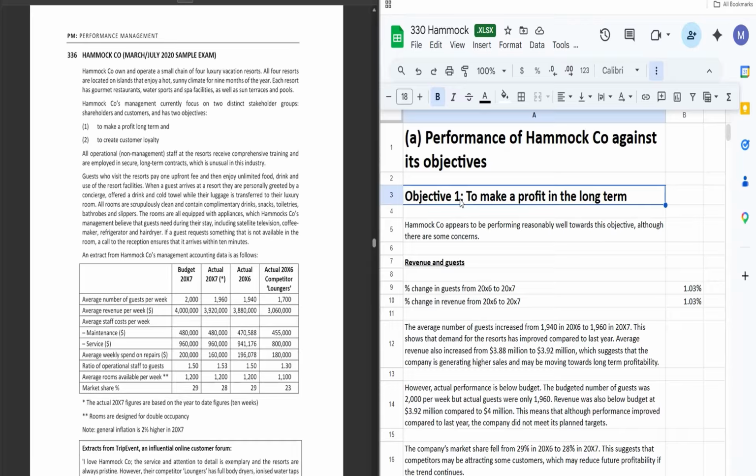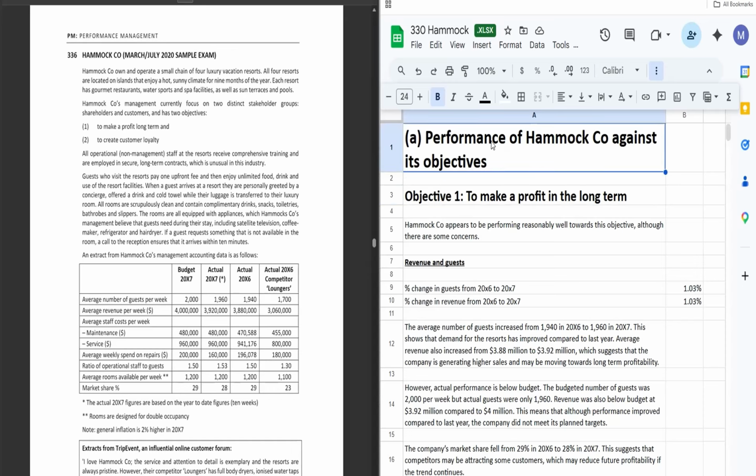So now the first objective. See guys, it is very important to clearly mark which part of the requirement you are solving. If you mess up everything, it will be quite difficult for the examiner to mark and figure out which part of the requirement you have answered, right?